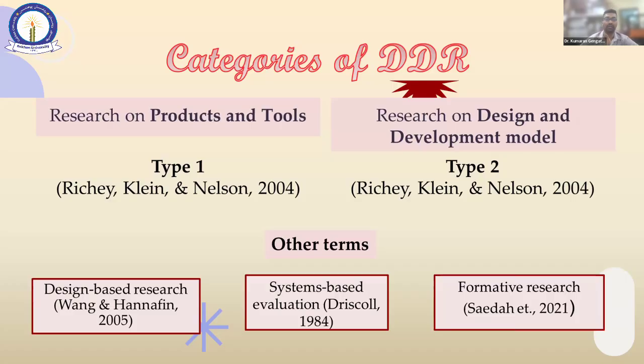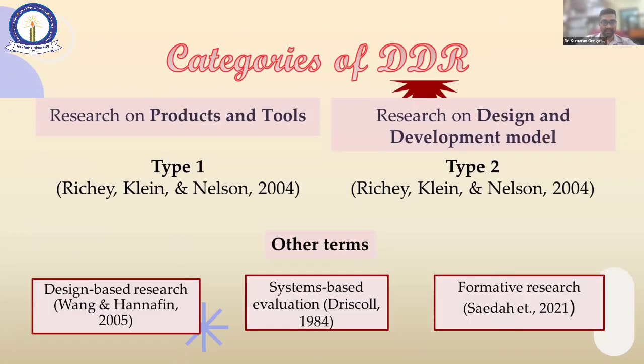So when you want to create some models for your research, for your university, for anything else, you definitely can use this DDR as your methodology. Product, tools, and everything. Not only that, we can also use this for design-based research, system-based evaluation, formative research, everything.